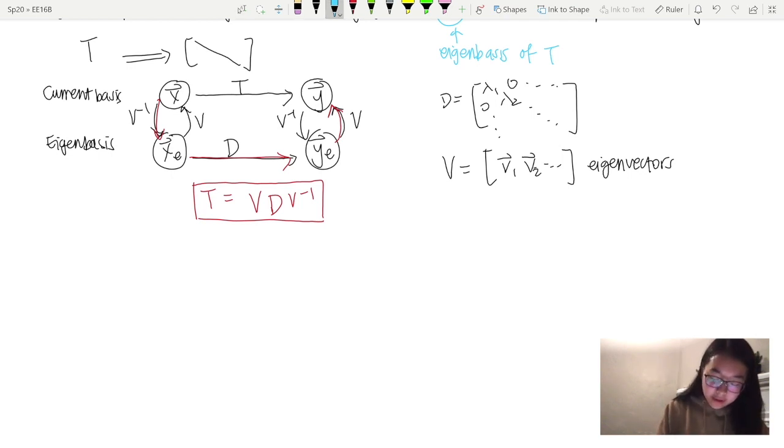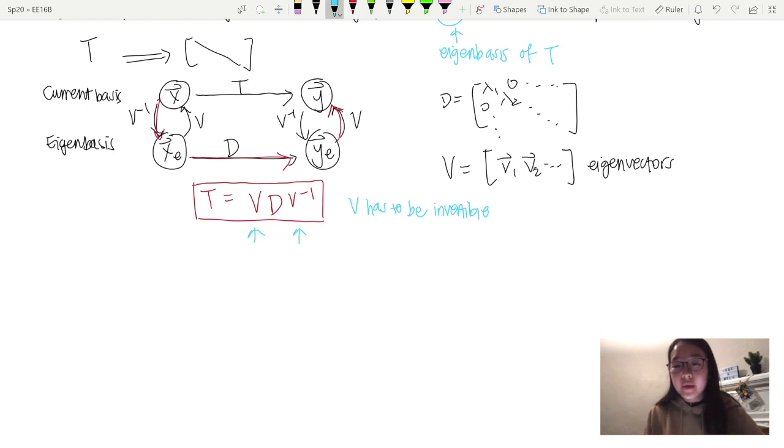And from this, you can also tell that there's a V and a V inverse. So based on this, you know that V has to be invertible. And what is V? Well, V are the eigenvectors.